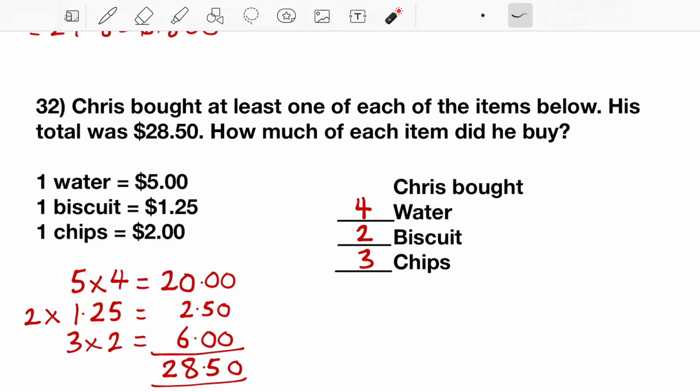Right, the only way we can get the 6 in the $26 remaining would be to use 3 times 2 is 6. So that's how we can work out this 3 chips. We know how to work out 2 biscuits, and then the remaining $20 would be 4 times 5 is 20. So that wasn't hard.